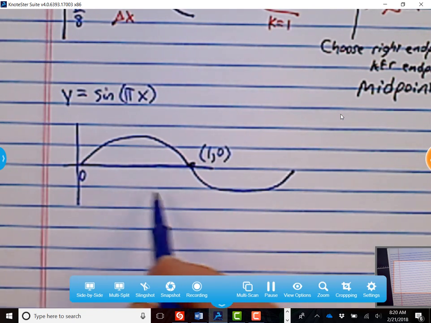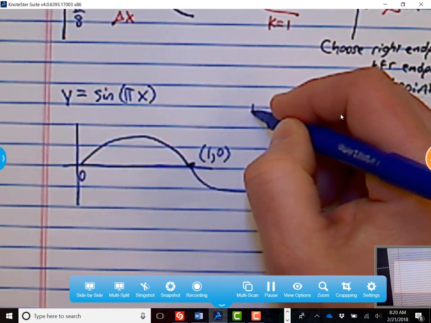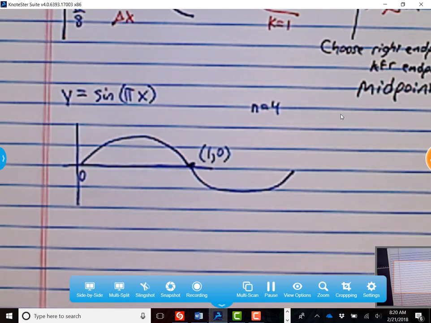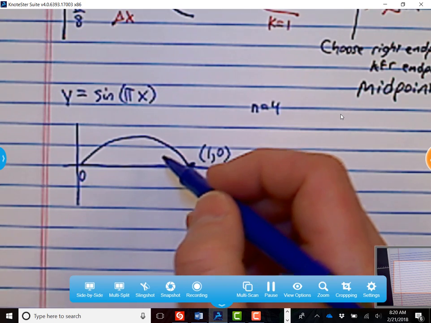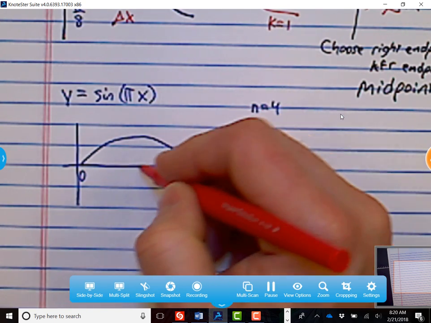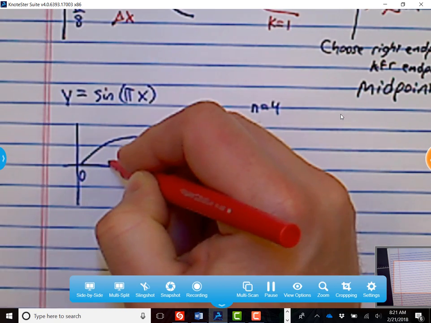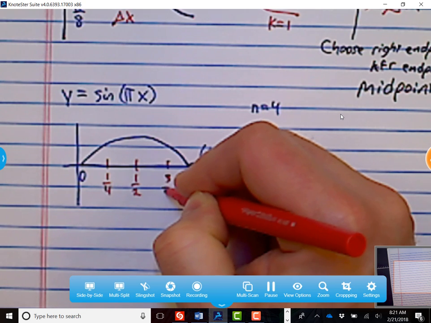And now I'm going to divide into n subintervals. And again, you could pick whatever n you want. Maybe I'll take n is 4. Okay? So if I take 4 subintervals, here's 1/2, here's 1/4, and here's 3/4.